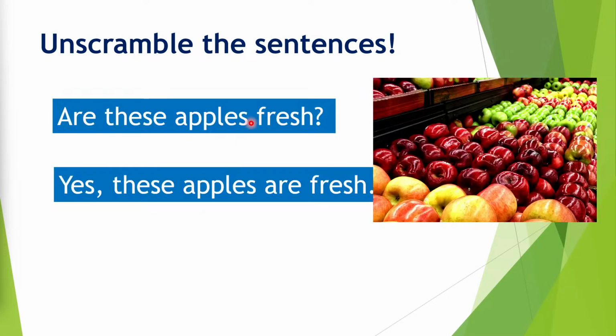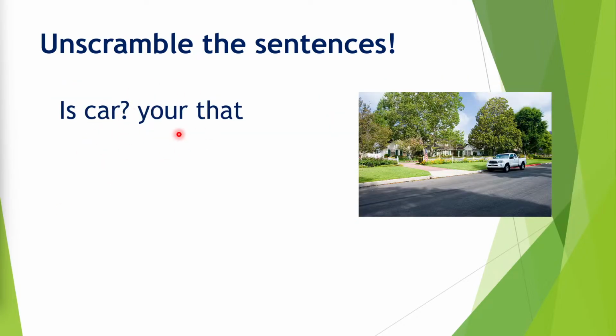Let's go here, okay? Let's take this as an example, as the guide. So here, are these apples fresh? Look at the answer. These apples are. So here there's a switch in the order, right? Here I have first the verb to be. So what is the verb to be here, guys?